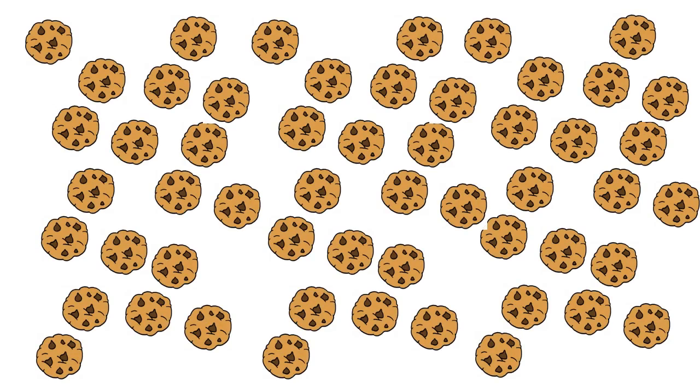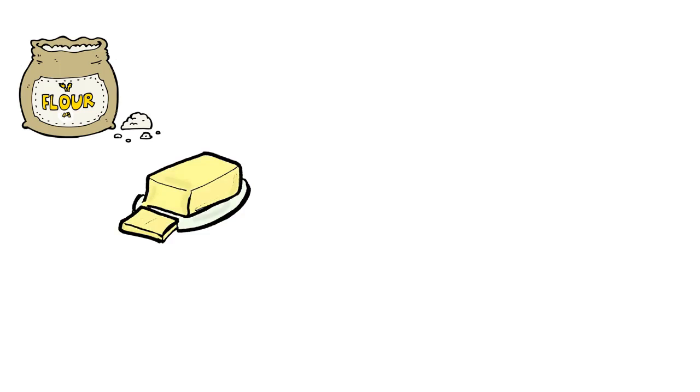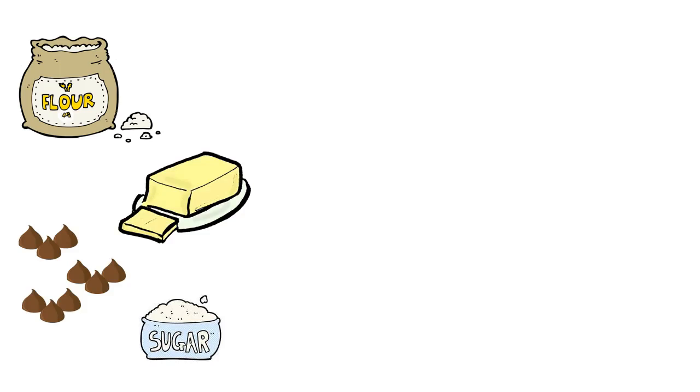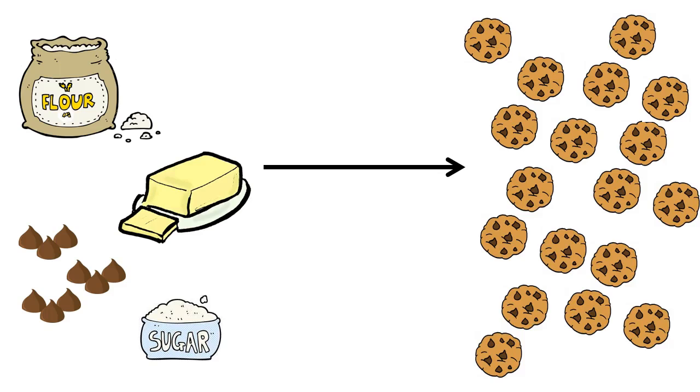I want you to think about reaction equations the same way you would think about making anything like cookies. You have ingredients that would be the reactants, and the cookies are our products. We're going to take some flour and some butter and some chocolate chips and some sugar. We're going to put those together and make some cookies.